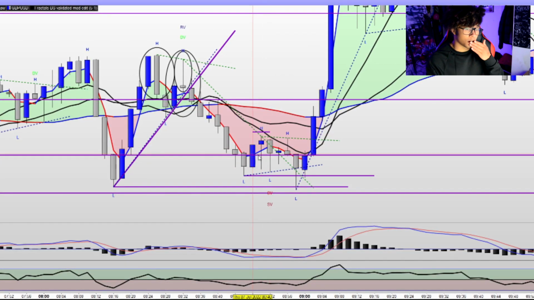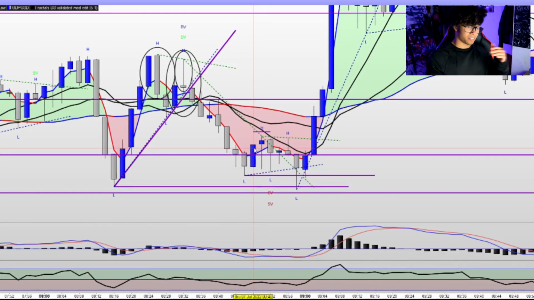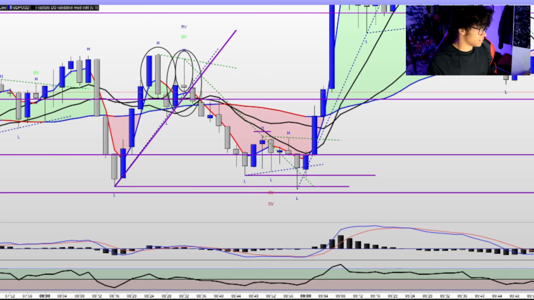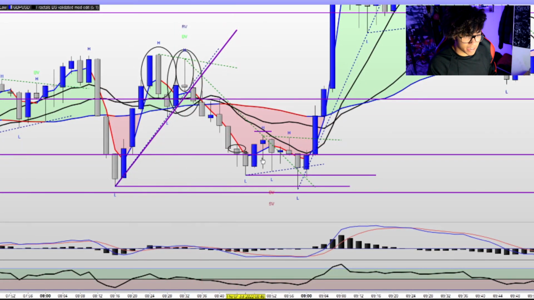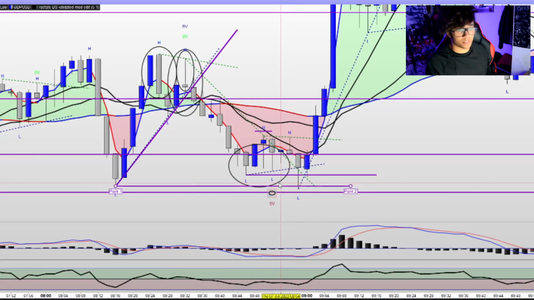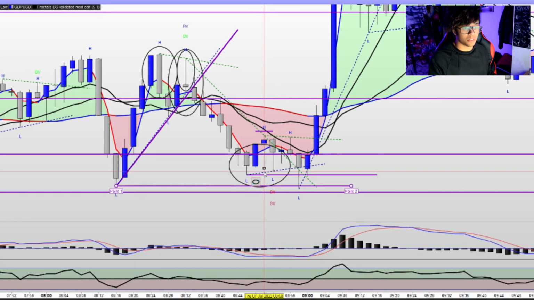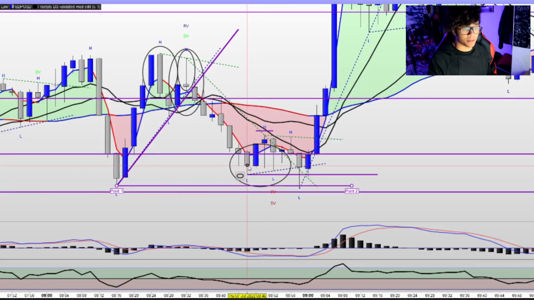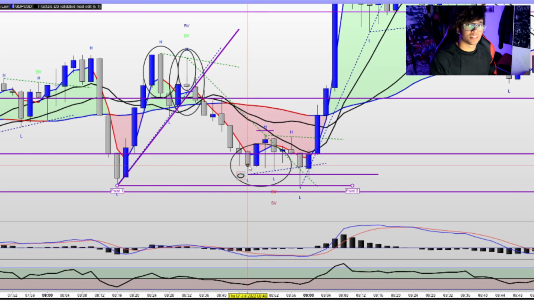We've got a lot of shadows, a lot of lower shadows. These lower shadows that we're seeing around this area show us that the bears are losing momentum and the bulls are trying to take over.